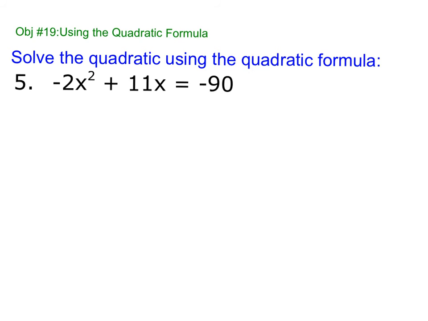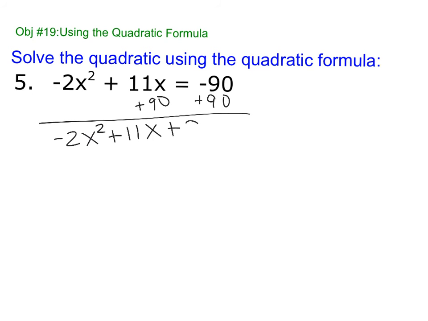All right, last one. Try it on your own. So I'm going to add 90 to both sides. Negative 2x squared plus 11x plus 90 equals 0.